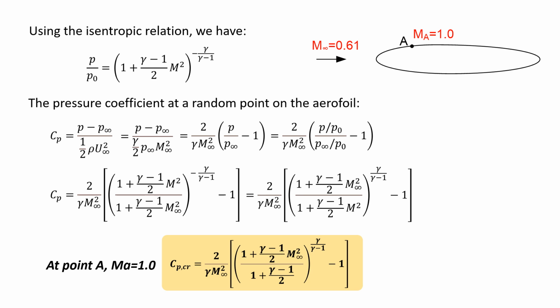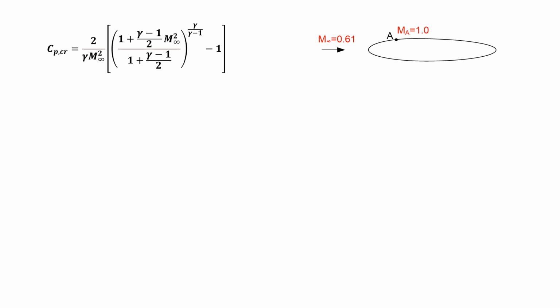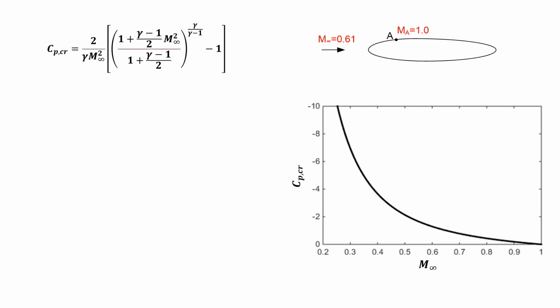Okay, so how can we use this CP critical to estimate the critical Mach number? I'm copying the relation here and also this figure. You can see the relation is CP critical versus the free stream Mach number, or the critical Mach number. If the free stream Mach number increases, we will also see that the CP critical increases, and the relation is plotted here.